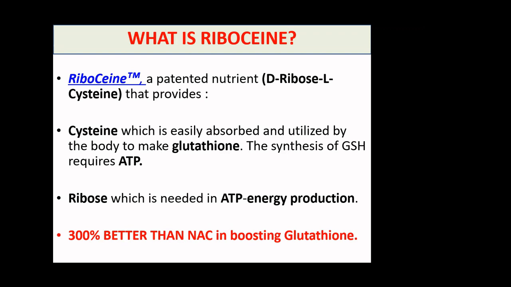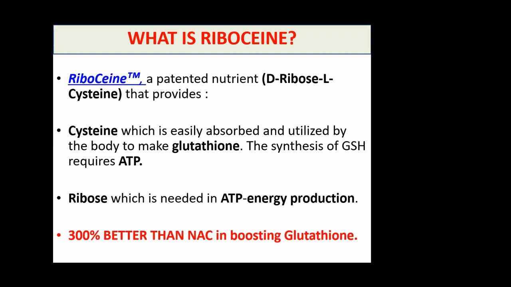Now, but to make the glutathione, you need energy, and energy in the body is provided in the form of ATP. So the D-ribose, which is used to stabilize L-cysteine, happens also to be the main component of ATP. So when we take ribosine, we get both the cysteine to make glutathione and the ribose to make ATP, which is needed to make glutathione.